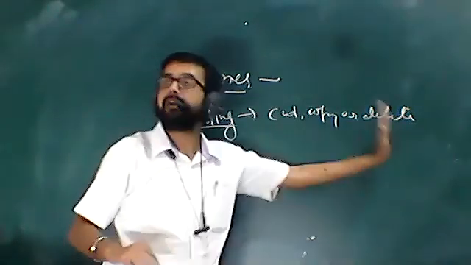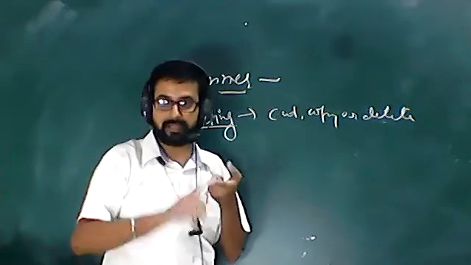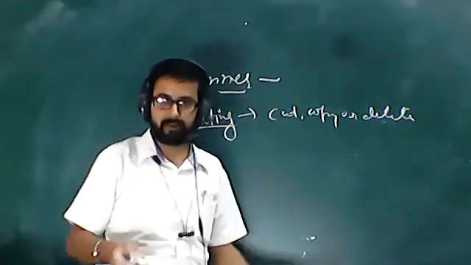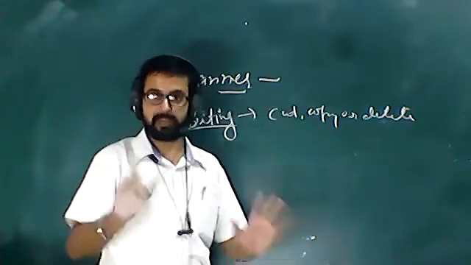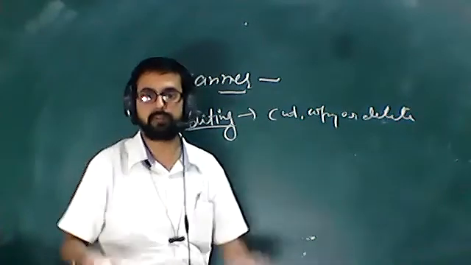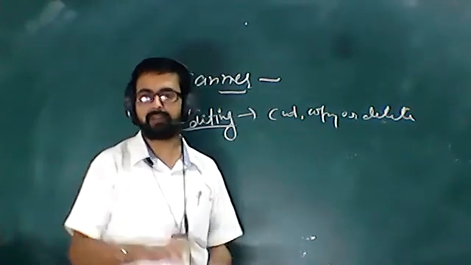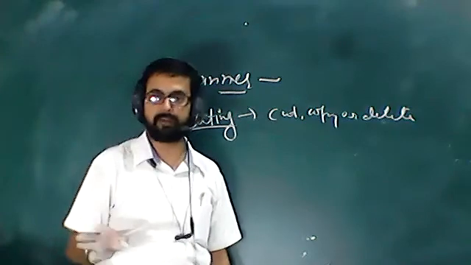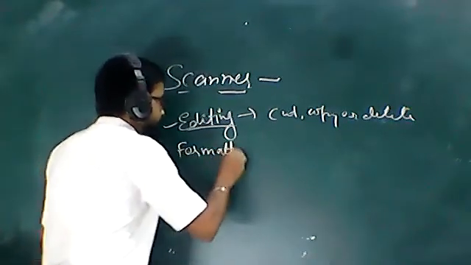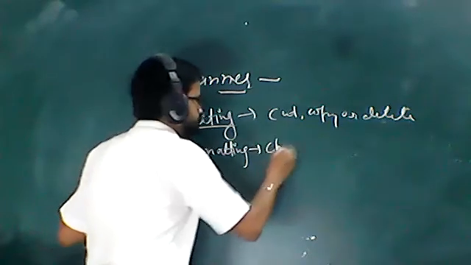Cut, copy or delete. We can cut anything, we can copy anything and we can delete anything from our text or image, if it is in digital form, meaning inserted into the computer system. And what do you mean by formatting? Formatting means changing the appearance.